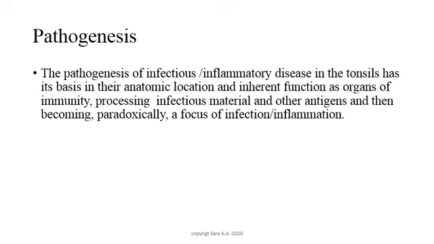Pathogenesis of infectious disease in the tonsils has its basis in their anatomic location and inherent function as organs of immunity, processing infectious material and other antigens, and then paradoxically becoming a focus of infection or inflammation.